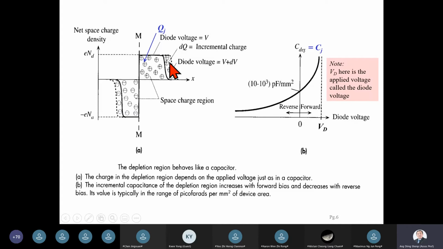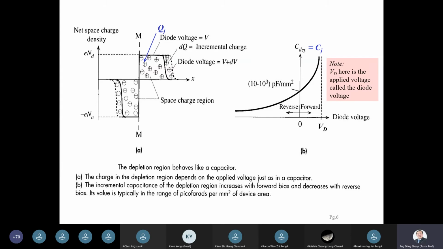And these two plates are separated by a distance of W. With this discussion, I hope you can visualize why in the end the expression that we get for CJ is similar to that of a parallel plate capacitor.